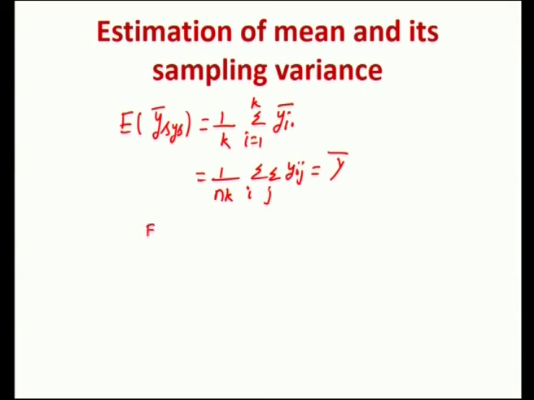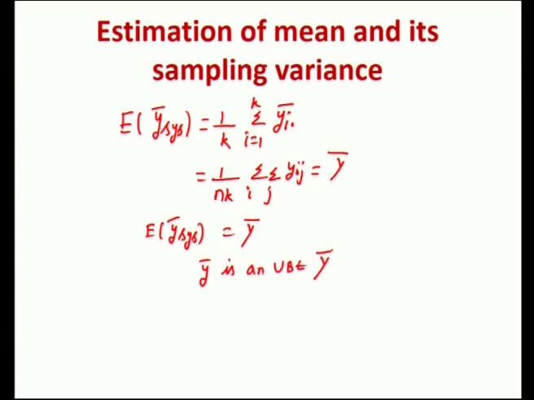So the expectation of the sample mean in systematic sampling is equal to capital Y bar. So the sample mean is an unbiased estimator of the population mean in systematic sampling.